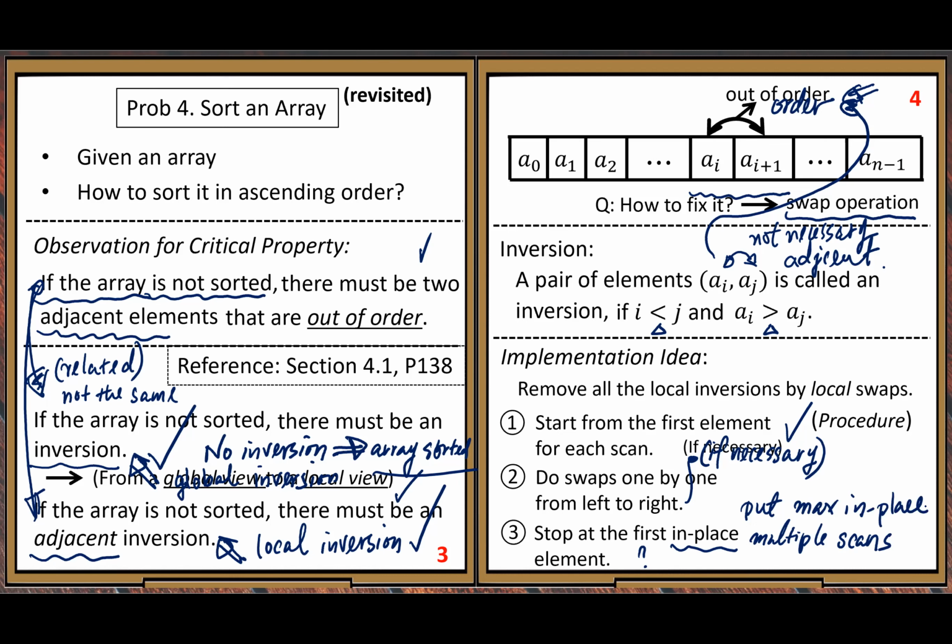So the next time you do not need to touch that max. You already put it in place. So you stop before you hit that max. That's why we stop at the first in-place element. Don't touch them. So that's the meaning of step number 3.